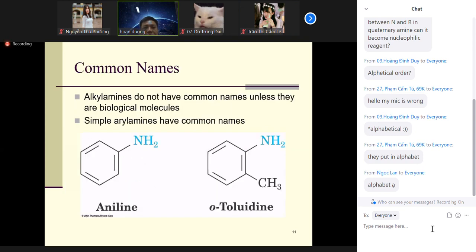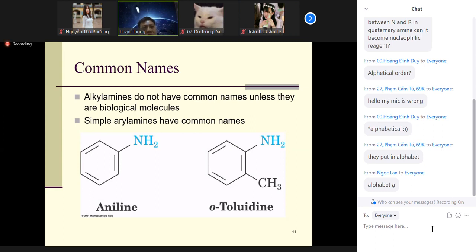Now, common name. A lot of the time I told you about the IUPAC name. Some people give you a quiz, and the question is to call the IUPAC name of this compound. That's not a good question. Do you know why?